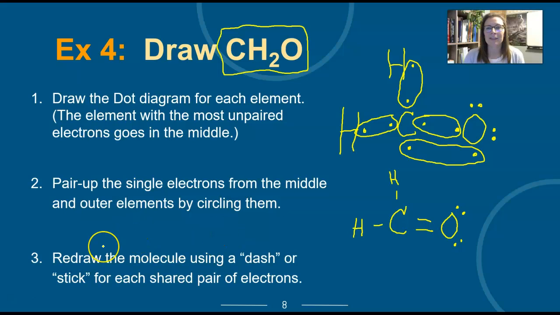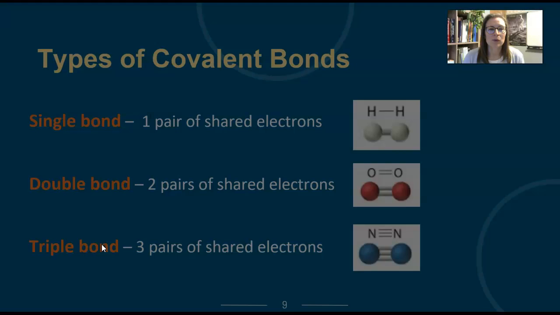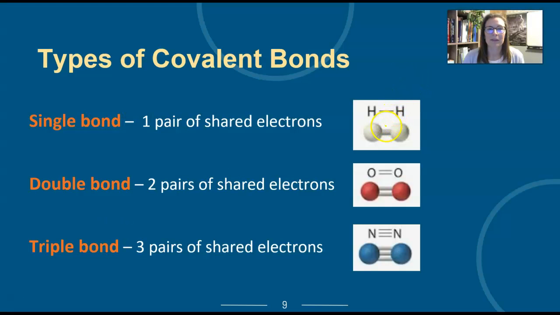All right, the very last thing we're going to add is just something real quick about those single, double, and triple lines that we were drawing. We actually have a name for those. If we share one time, we have one pair of electrons, we just call it a single bond. So you can say one pair of shared electrons, which is the same thing as saying 2 electrons, however you want to say it.